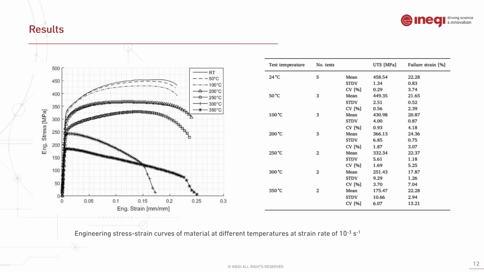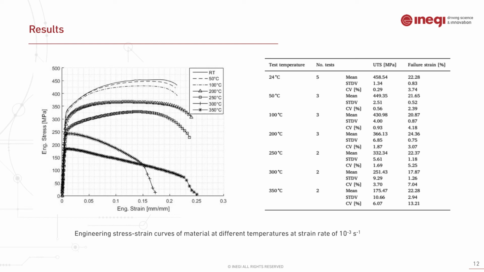Over here is the material behavior as a function of temperature, loaded at the static regime. As you can see, the material is not much affected up to a temperature of 100, but once it reaches 200 Celsius, the strength significantly decreases to a value of roughly 366 megapascal.